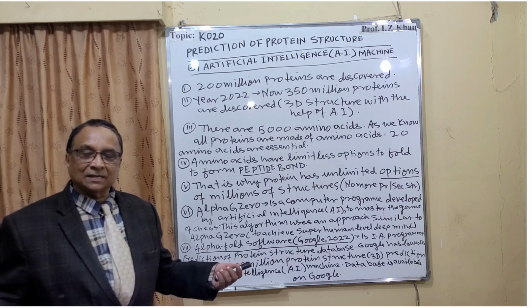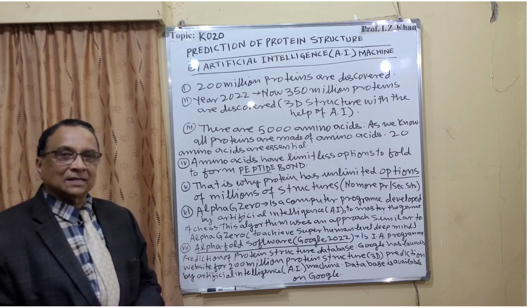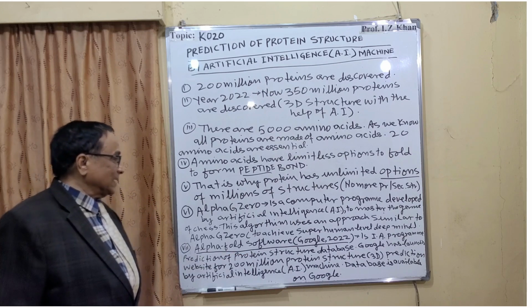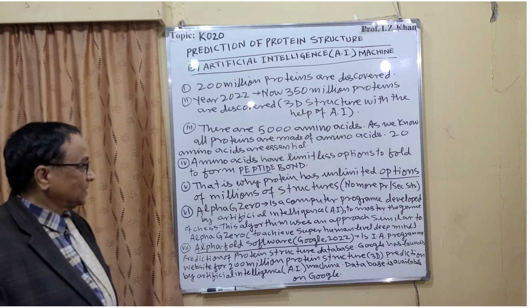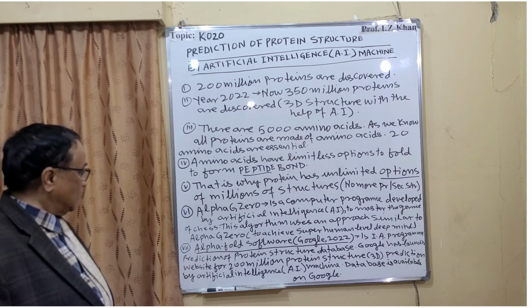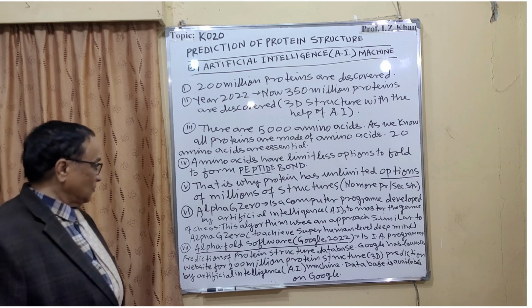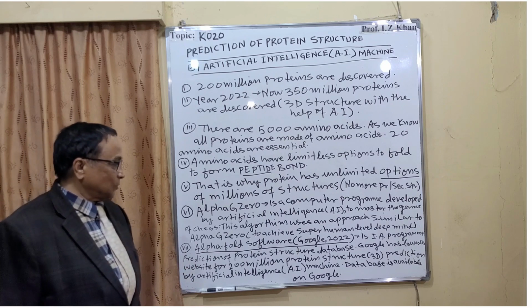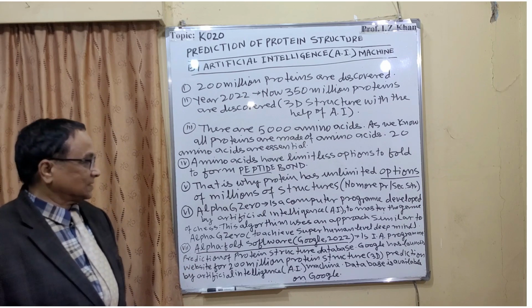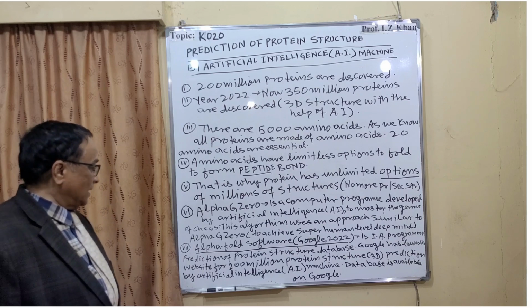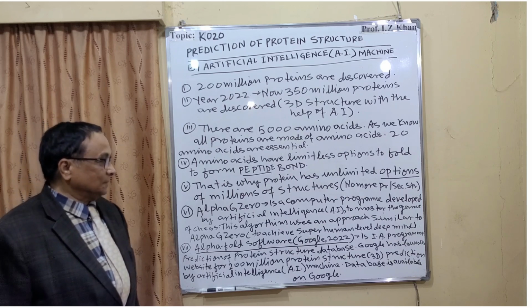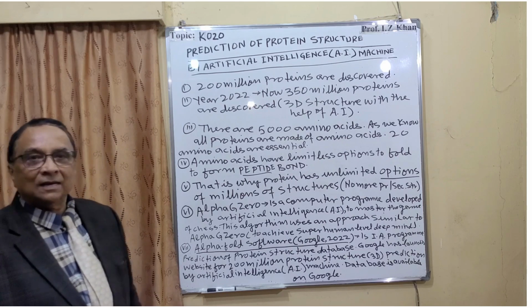Those who are interested, they will pay and they will get the structures. So that is a database. They have the database, and Google has launched website for 200 million protein structure, that is 3D structure prediction by artificial intelligence machine. Database is available on Google.